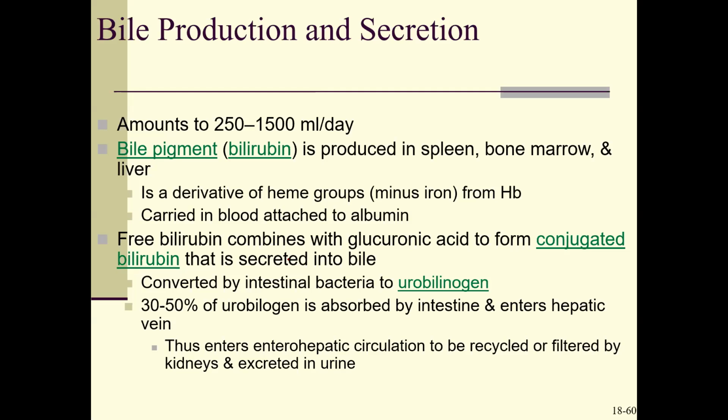So reticular cells in the spleen. In the liver, you have what's called a Kupffer cell, K-U-P-P-F-E-R, Kupffer cells, and then just stationary macrophages in the bone marrow.